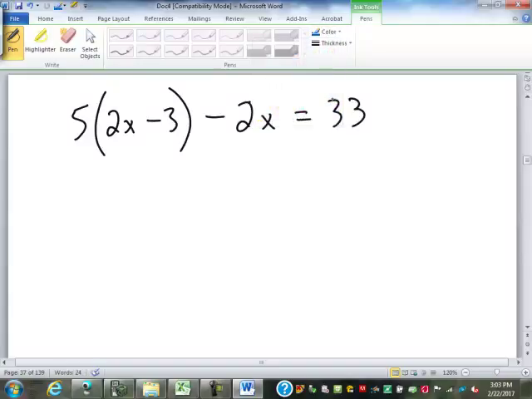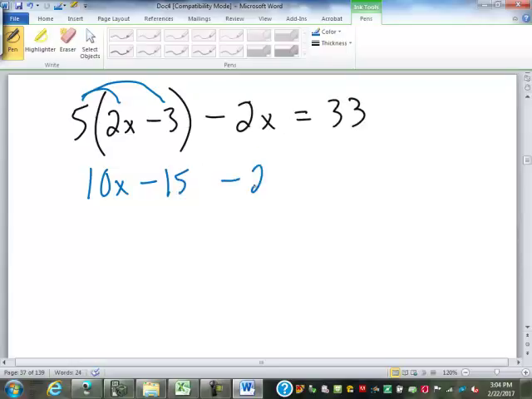Okay, so here we've got a couple of things to consider. We still have parentheses, so that still should draw us in to do something there first. So what are we going to do to start this one? 5 times 2x. Yep, we're going to distribute the 5. So 5 times 2x is 10x. What's next? 5 times -3 is -15.